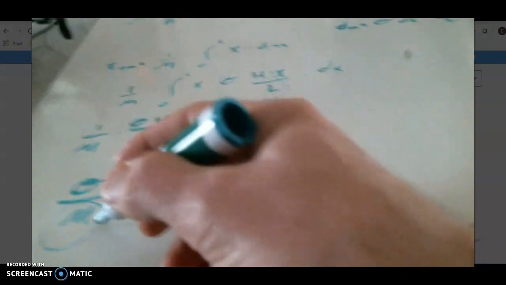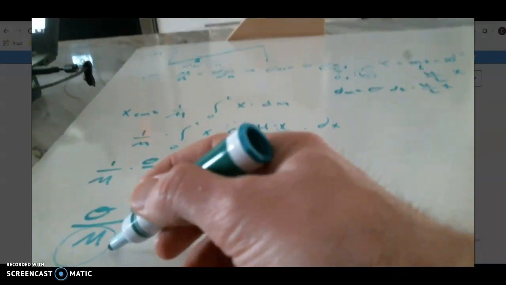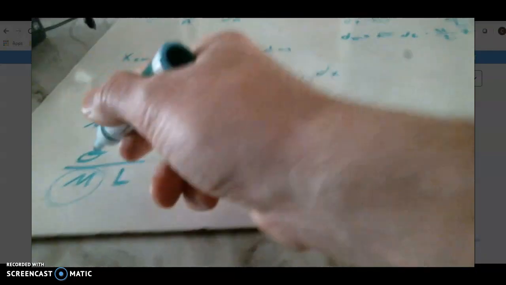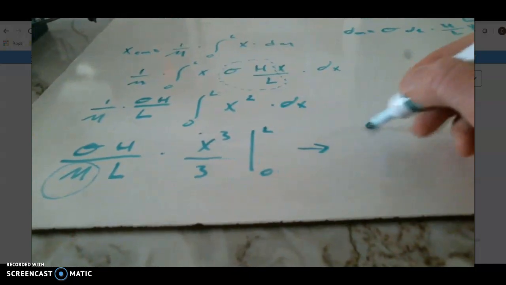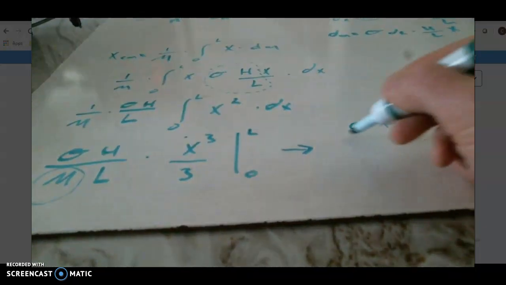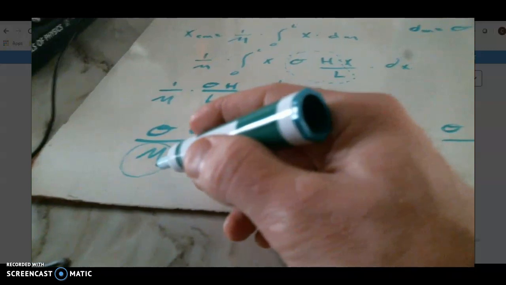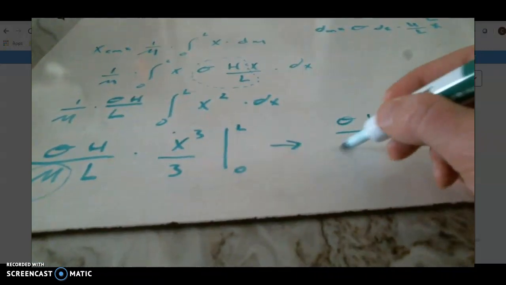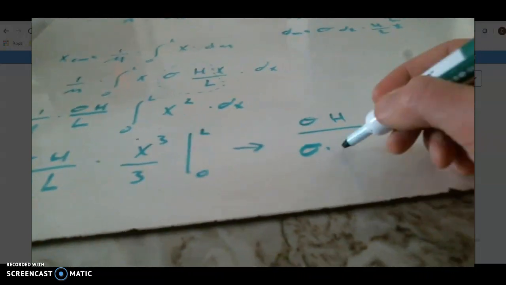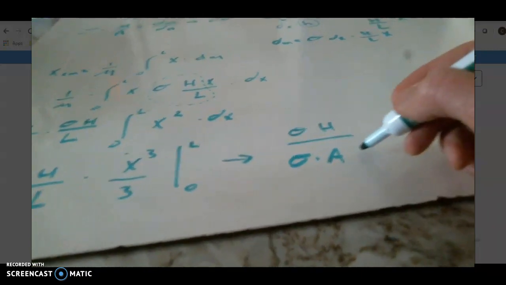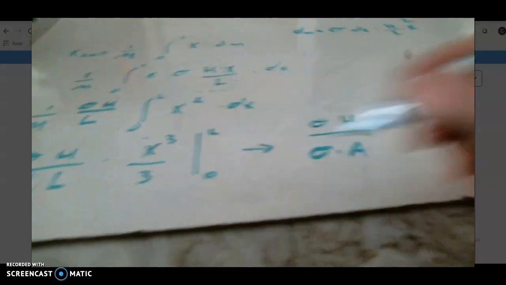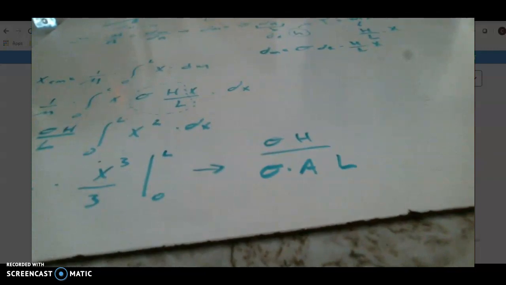So that mass whole down here, I'm going to rewrite the sigma h in the numerator divided by that m, which is now a sigma times an area, and then that L here needs to go there, right?